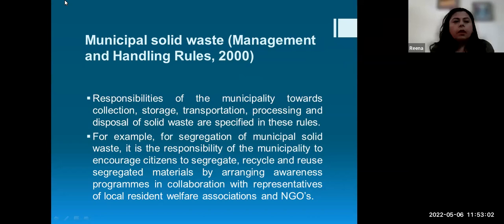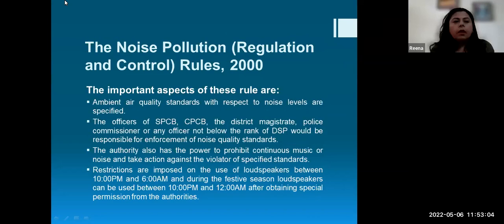Okay. So then the Noise Pollution Regulation and Control Rules of 2000 came into the picture, with ambient air quality standards with respect to noise levels, because noise is technically a part of air pollution itself.